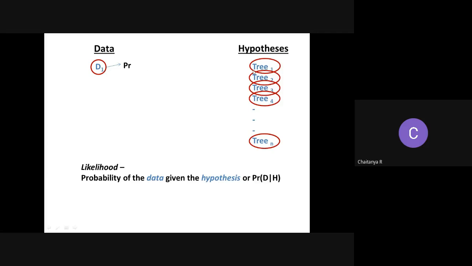Similarly, the probability of getting the data given tree 2. That is the very definition of likelihood. Okay, got it? Yes, got it. All right.